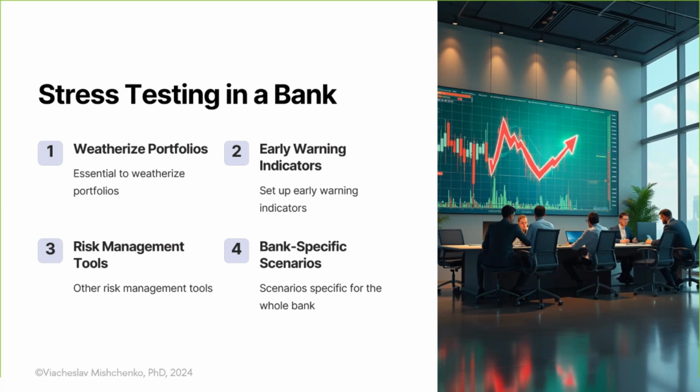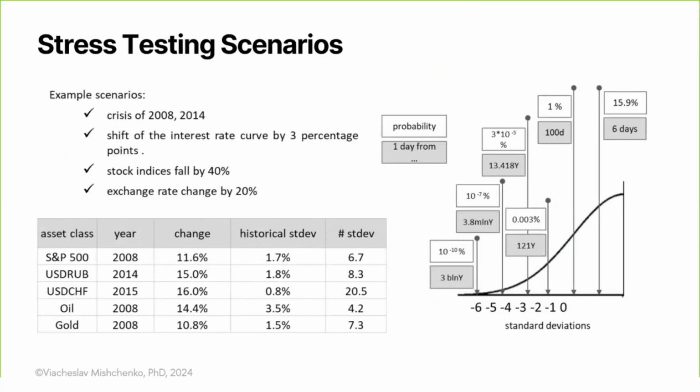And for example, we are not just talking about 1 in 100 years events, we are looking at scenarios that might happen once in 13 million years, for example. Why? Because extreme events do happen and we need to be prepared. So that is why there should be a wide range of stress scenarios within banking.